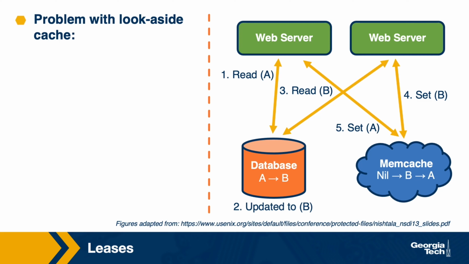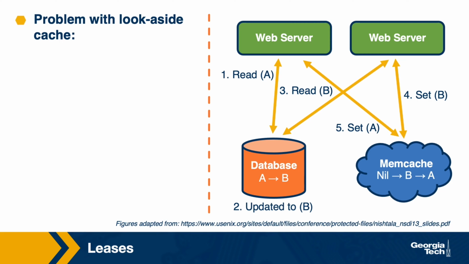Let's say the request from web server 1 is the first one that arrives, and the database responds with the value of A. The web server Memcache client will then initiate a set message to set this value in the cache for future requests. In the meantime, the value of the database entry changes.